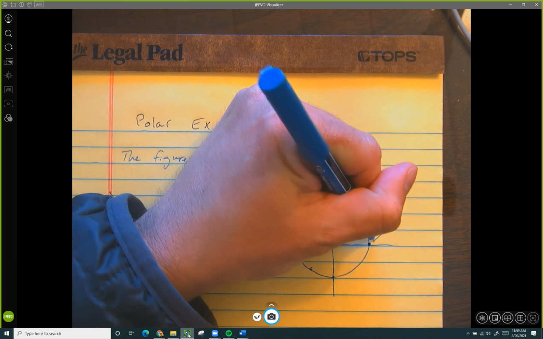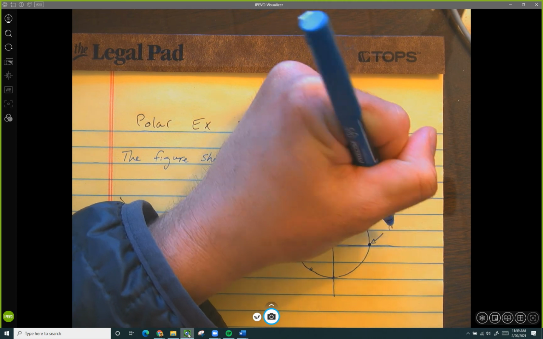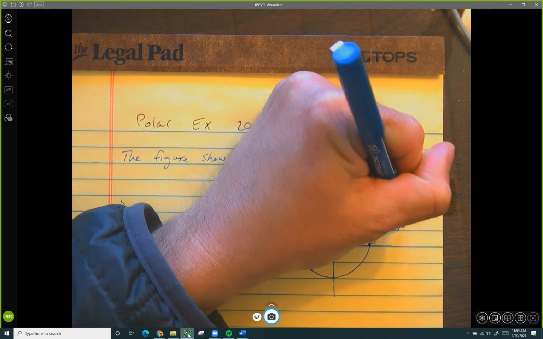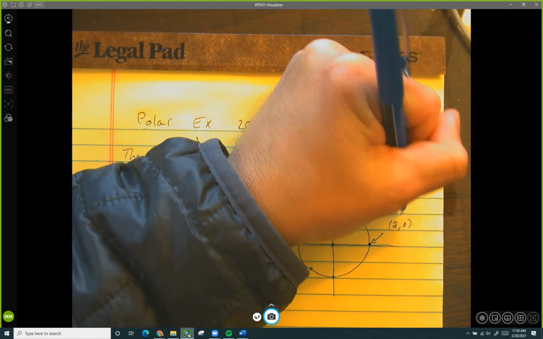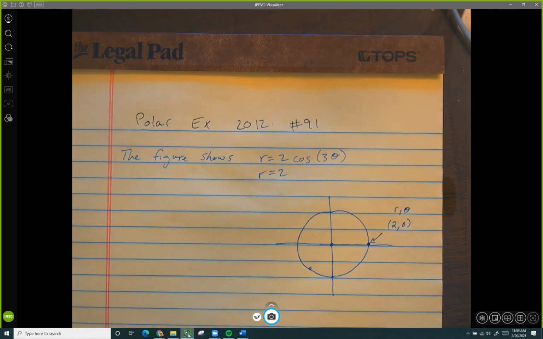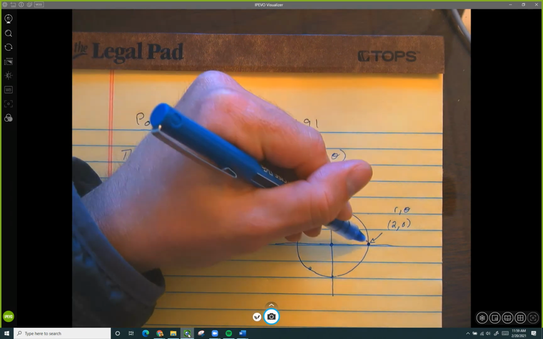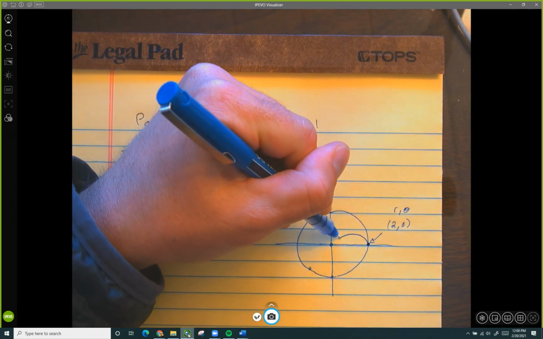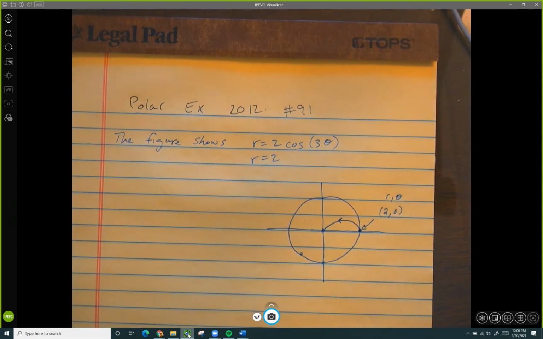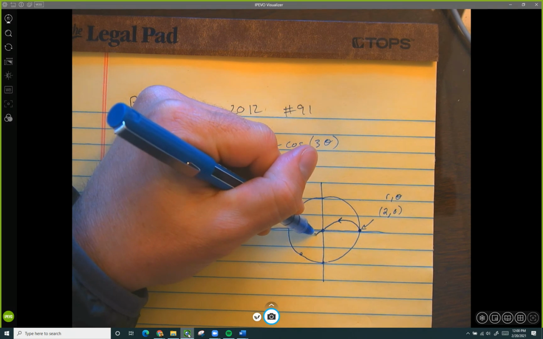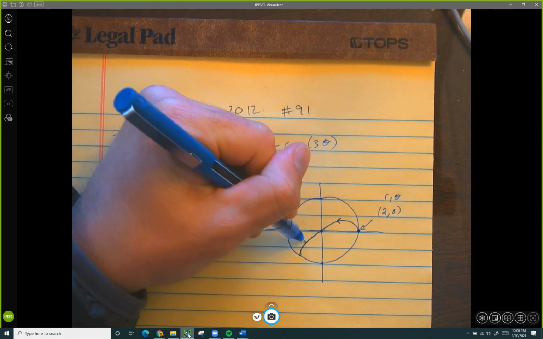So it starts here at (2, 0) for r, θ. This is my r, θ, not my x, y. It curls up, and I'm going to put arrows to show the direction of this particle, if we think of it as a particle. And then it goes like that.